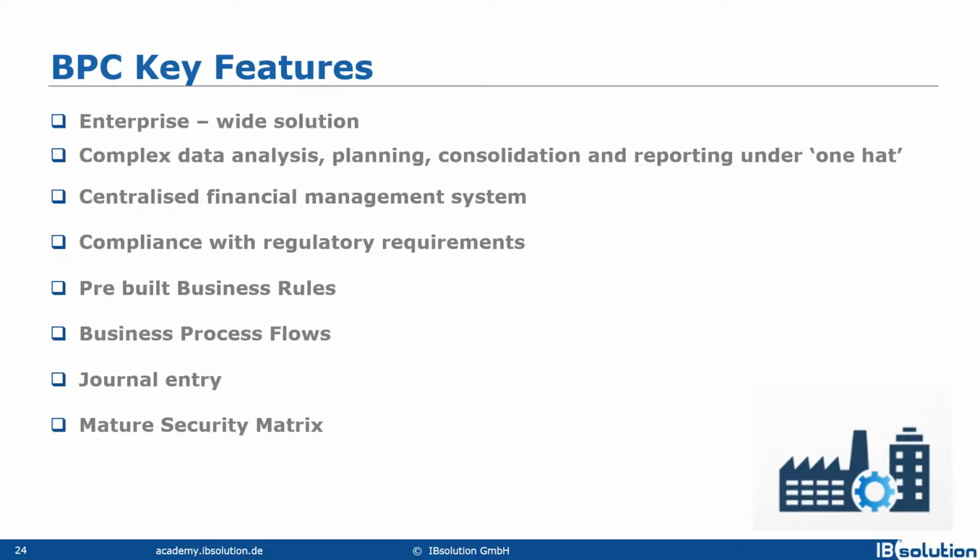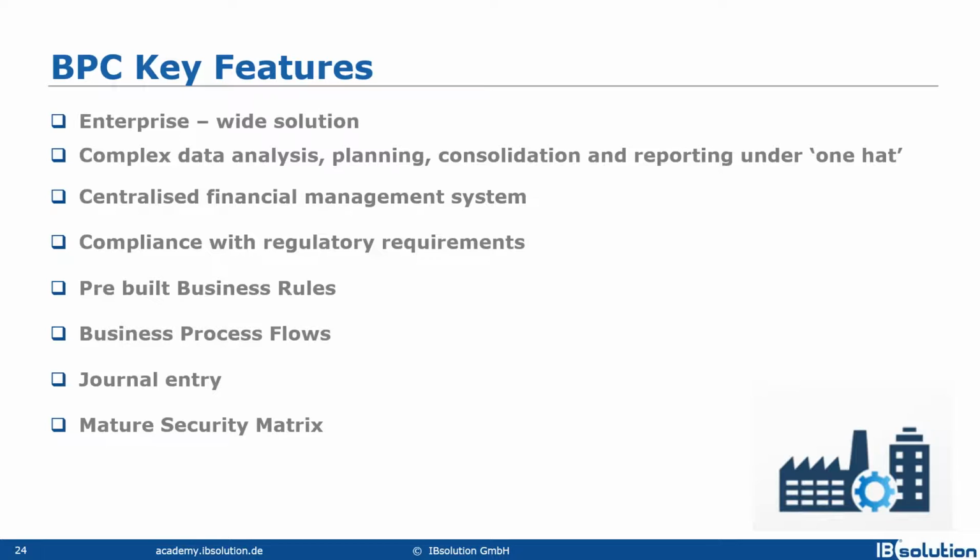It has pre-built business rules. So, for instance, your mapping of your accounts between the P&L and balance sheet and cash flow is something that you can use available in BPC.